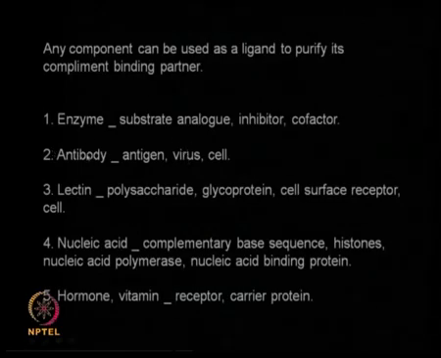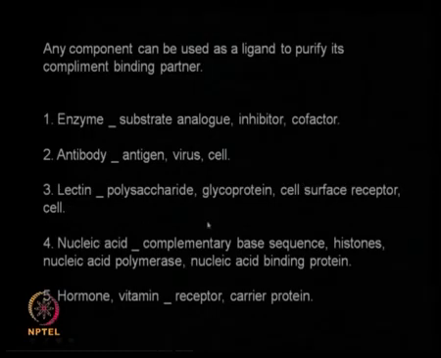Only that particular virus will get captured by this antibody. So here I want to purify an intracellular material, but I want to remove the virus, so we can use affinity chromatography. You can have a lectin, a polysaccharide, a glycoprotein, a cell surface receptor, or a cell.